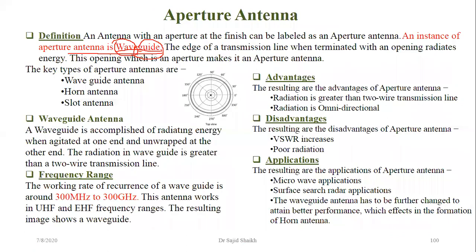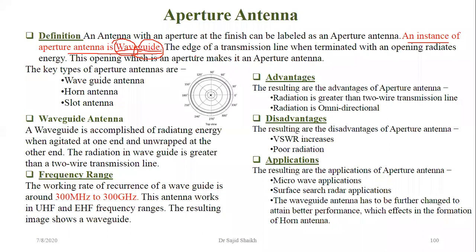When we are talking about aperture antennas, these are those antennas which consist of a waveguide. What does it mean? These are antennas which guide the electromagnetic waves.